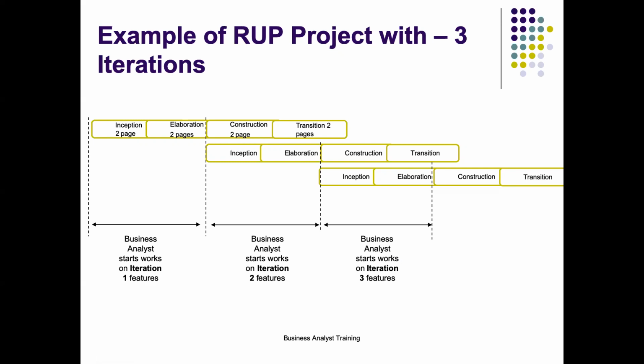Another advantage is that since the iterations are relatively small rather than doing it all in one stretch, you can give the client something to review after each iteration rather than just documentation.